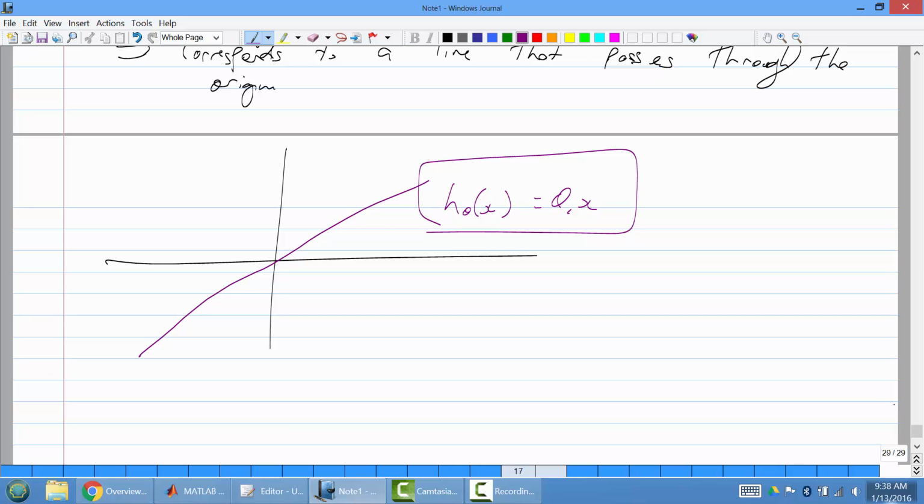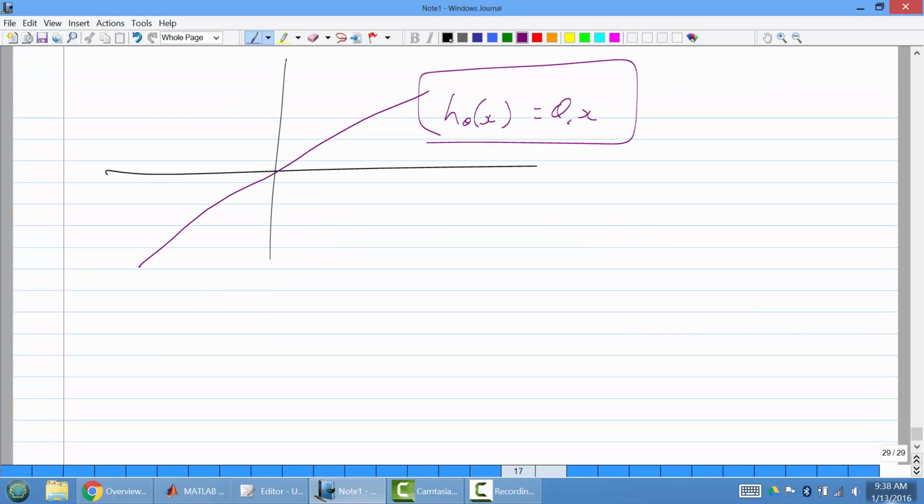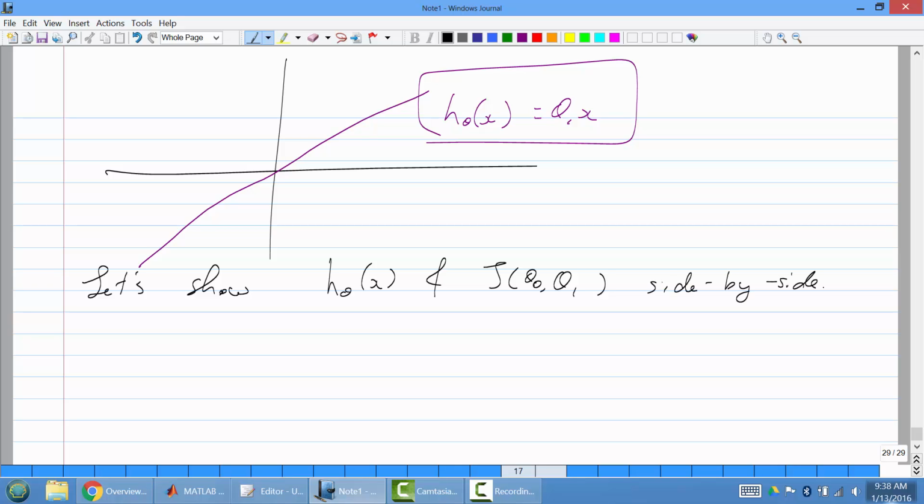Okay, so let's run a small example. Let's say I've got a bunch of training data, and let's show the hypothesis or the prediction model and the cost function side by side for different values.